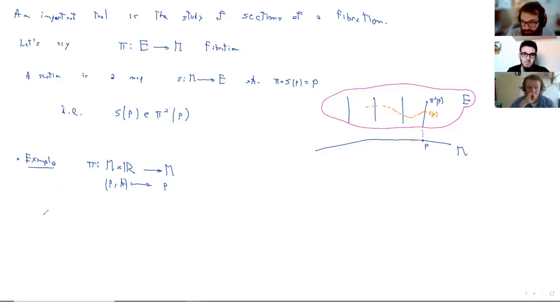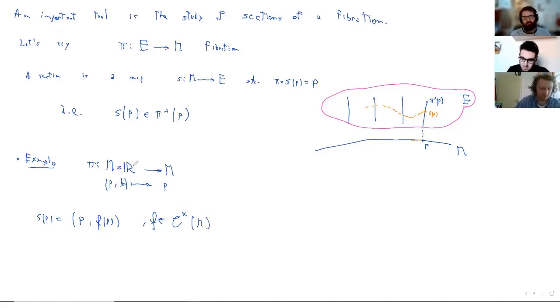So let's try to make up a section. S of P needs to be in the fiber, so the first component needs to be P, and the second one can be just any real number, so F of P, where F is continuous, smooth, whatever degree of regularity you want. So sections of the trivial fibrations are nothing but functions, or well, graphs of functions, but graphs of functions and functions are the same thing.